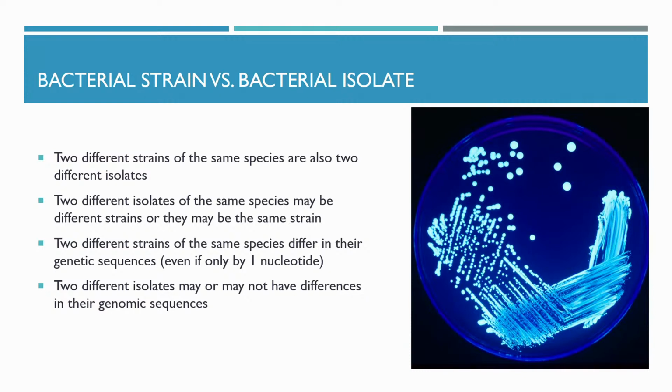Typically with bacteria, the strain level is the smallest and most defined level that we can get down to. Sometimes bacterial strain is used interchangeably with bacterial isolate, but they're not exactly the same thing. You can have two different strains of the same species.